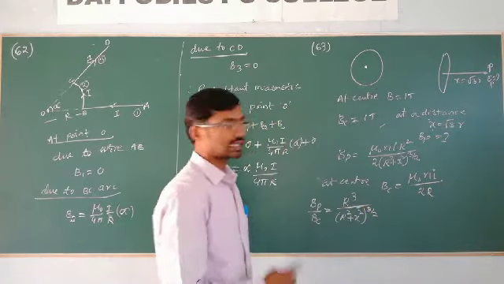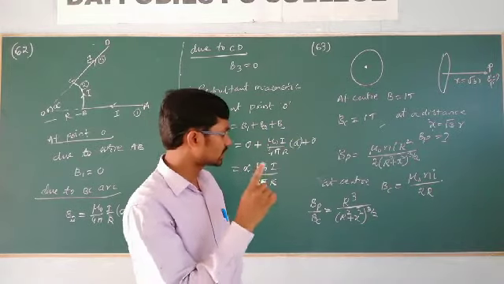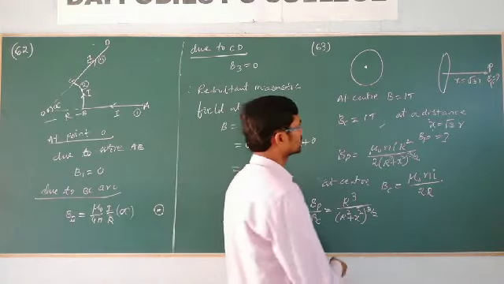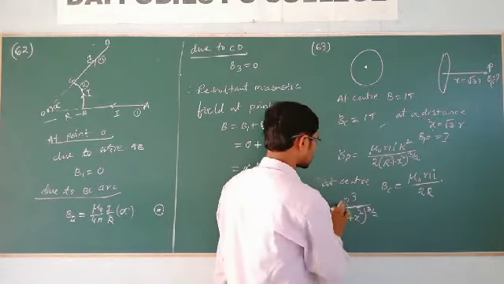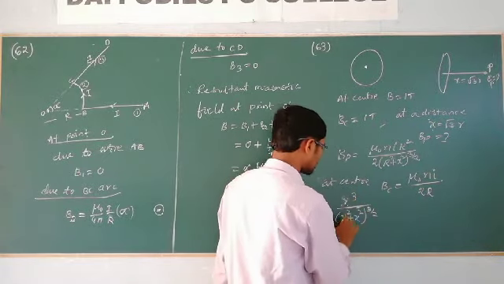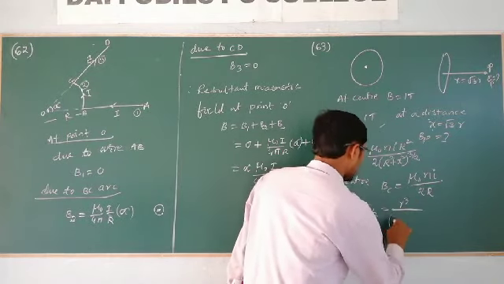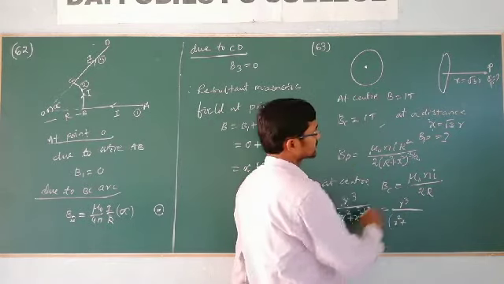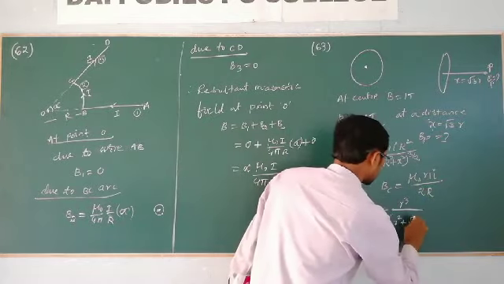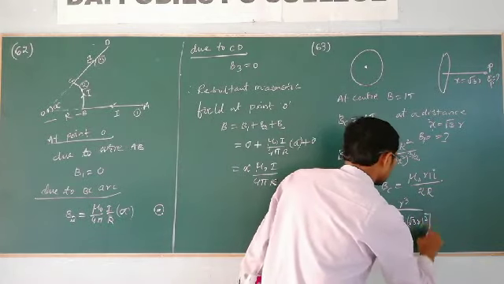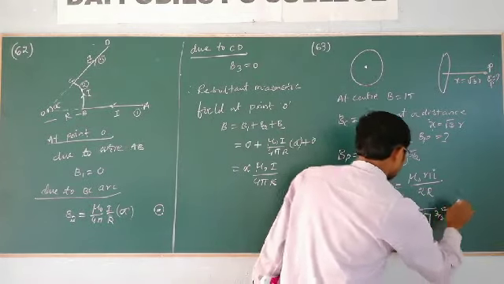But remember, x is equal to what is given? Root 3 small r. So root 3 r, the given radius is r. So let us take according to this small r is the radius. That is equal to r cube by r square plus x square, root 3 r whole square, root 3 r whole square whole power 3 by 2.